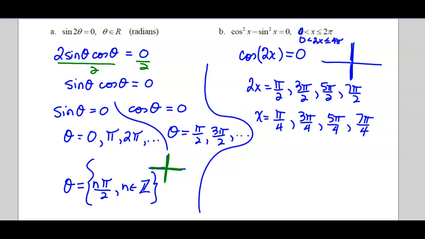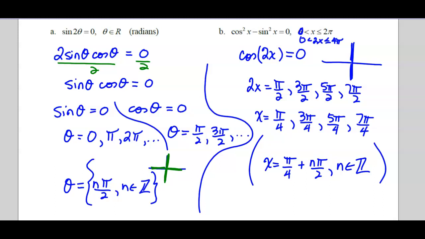Yeah. Because here, you're adding 2 pi over 4, which is pi over 2. Here, you're adding 2 pi over 4, which is pi over 2. So this, as a general solution, is equal to pi over 4 plus n pi over 2.